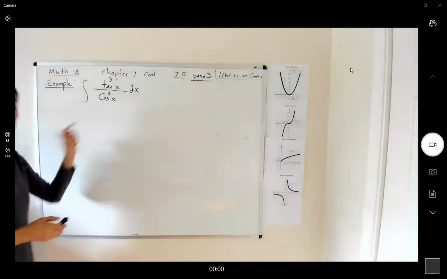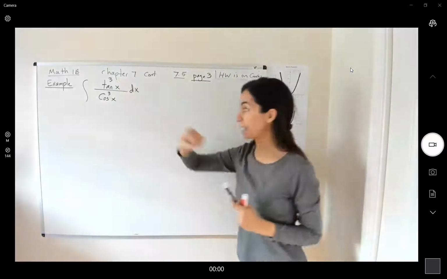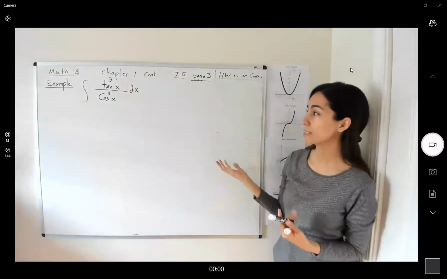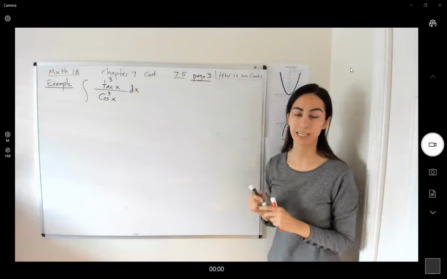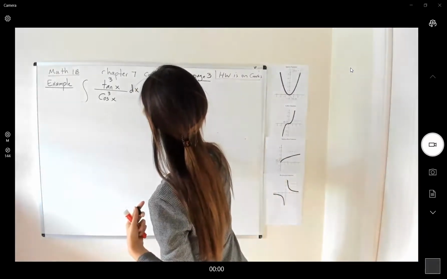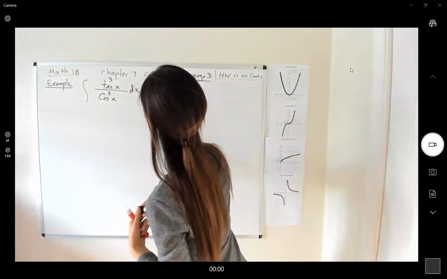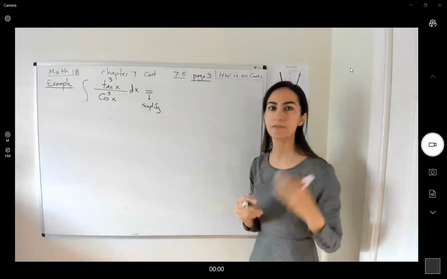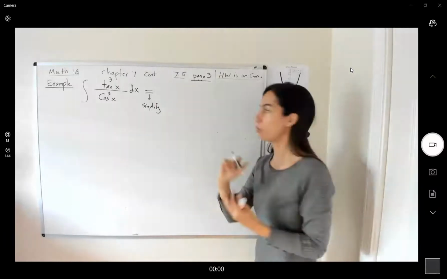Okay, so when you have tangents and cosecant, try to simplify as much as you can. How do we simplify that? You know that tangent is sine over cosine.